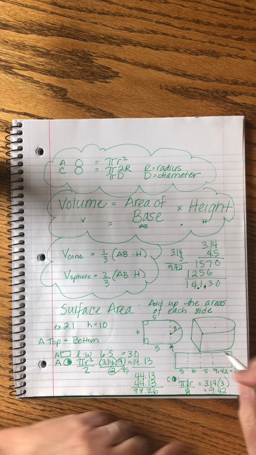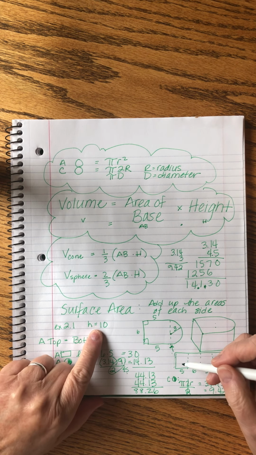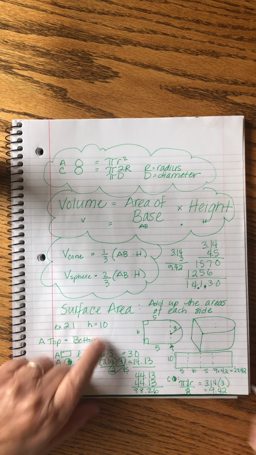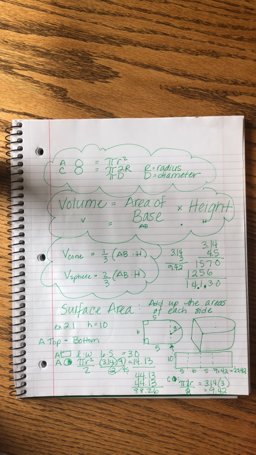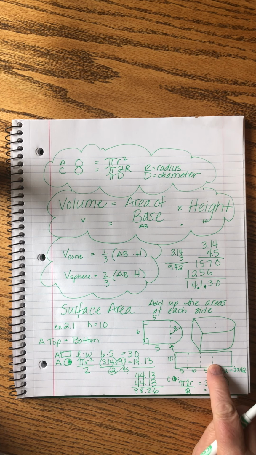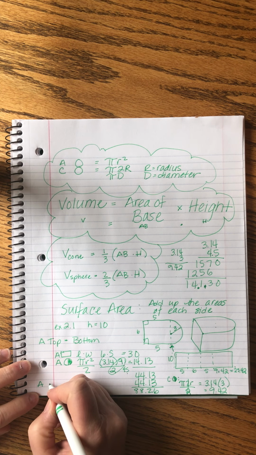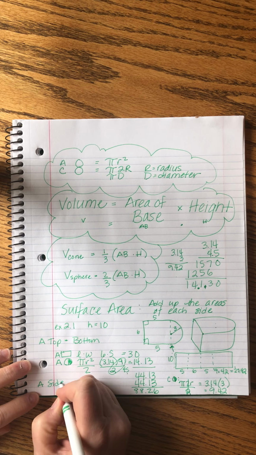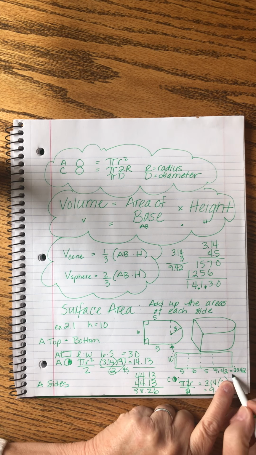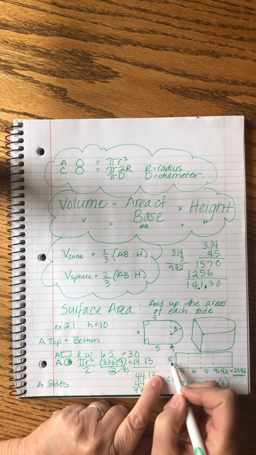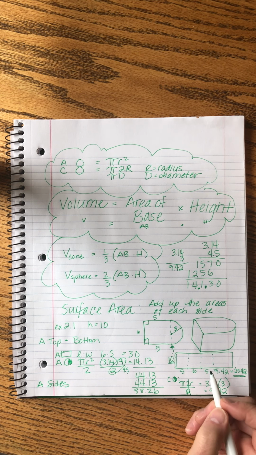Is that dimension? Now, how high is this? Oh, there it is right there. It's 10. So that means that the area of the sides is 25.42 times 10.